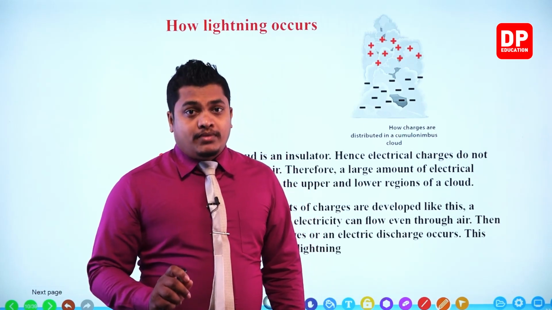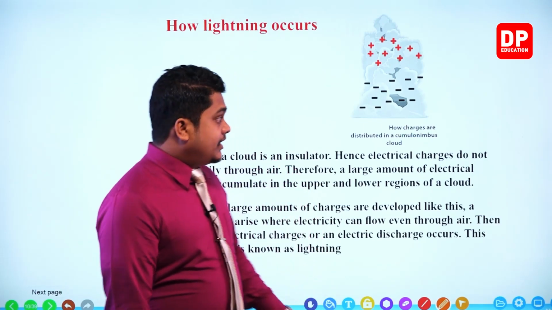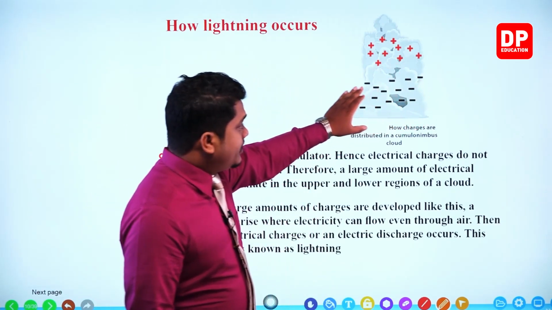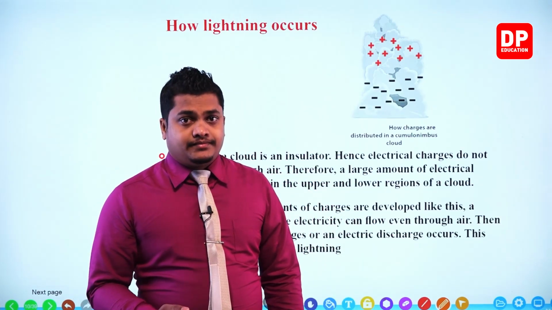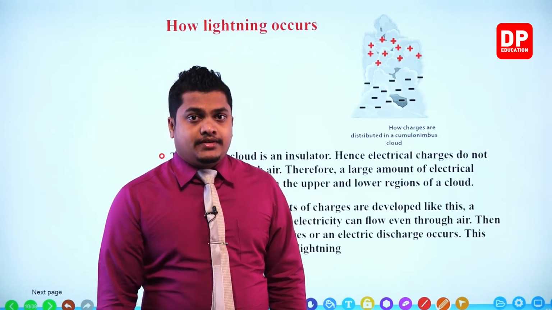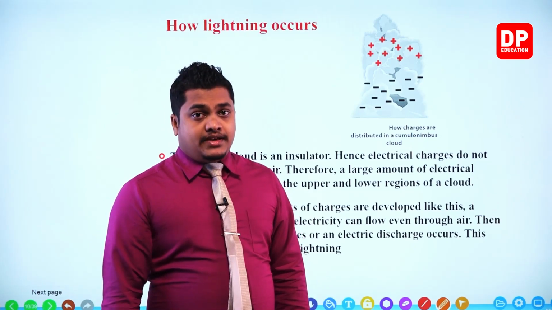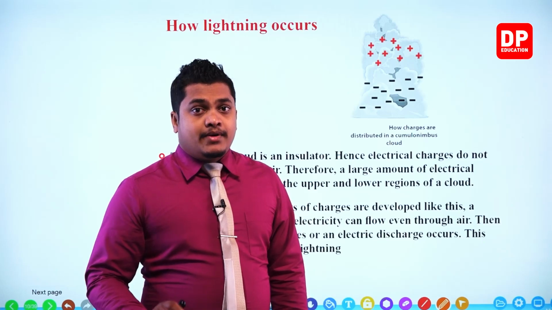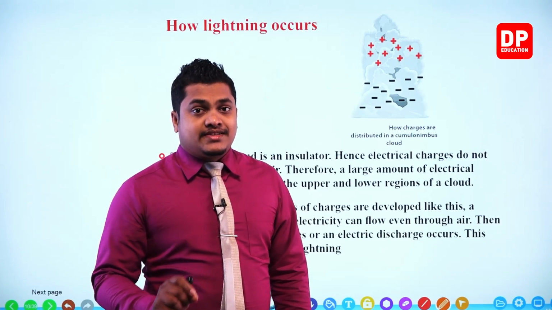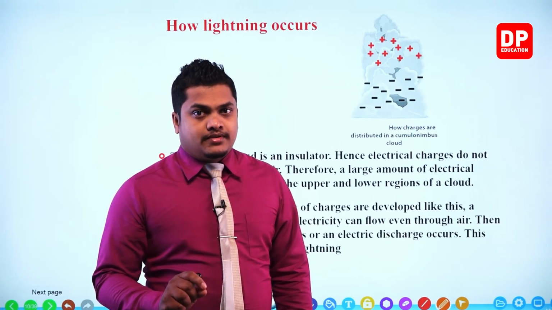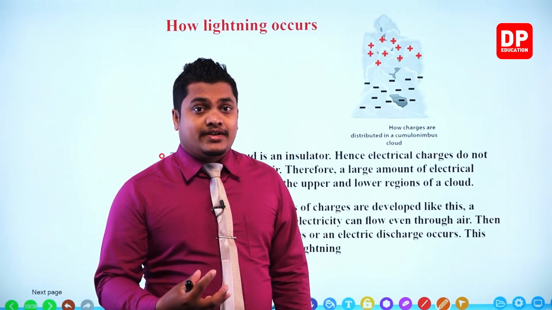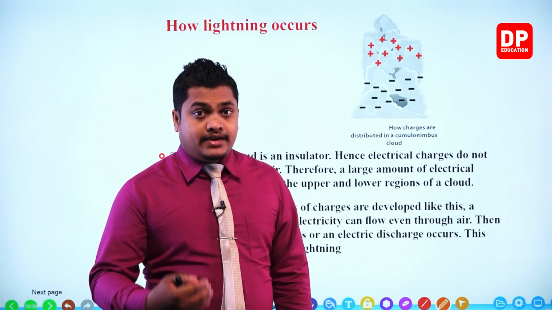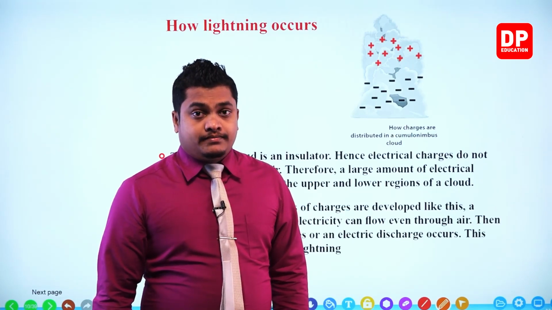The other problem, my dear children, is that there is air in between. Air is an insulator, so it will not be able to conduct these static electrical charges. Therefore, more and more electrical charges get collected on either side, top and bottom.